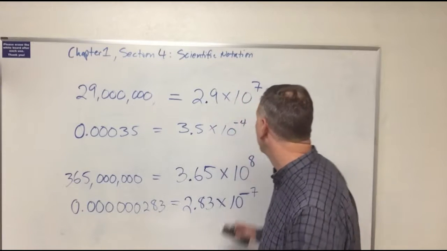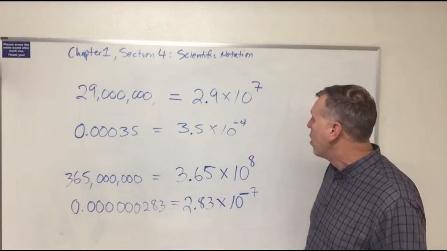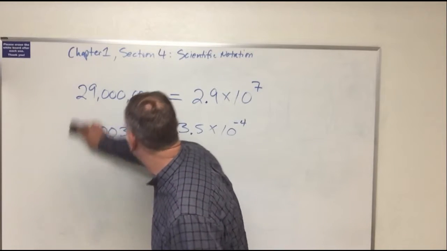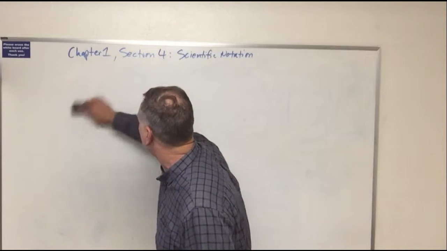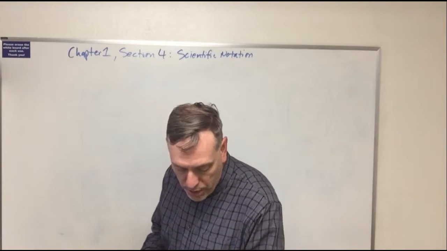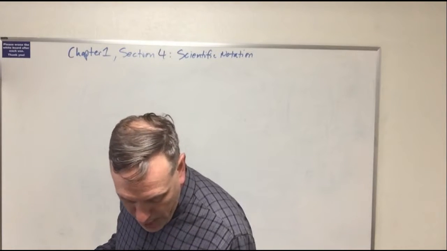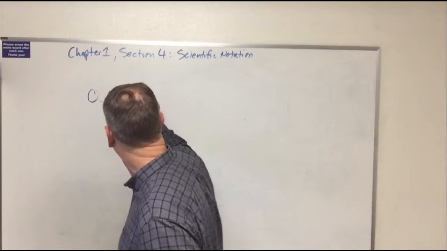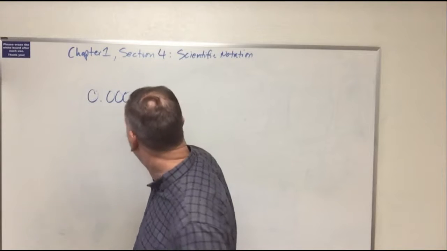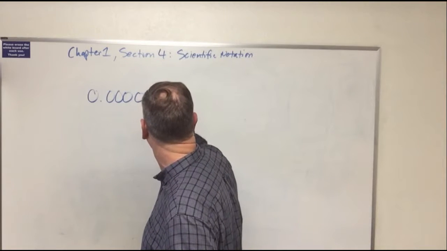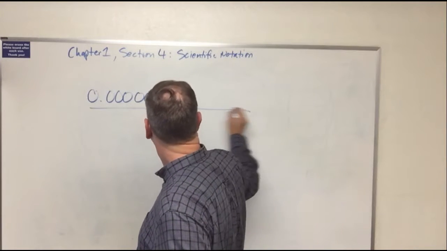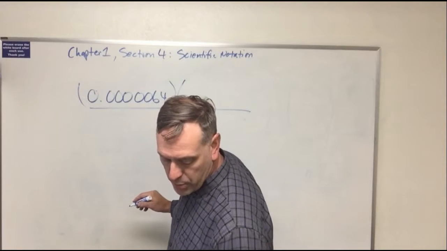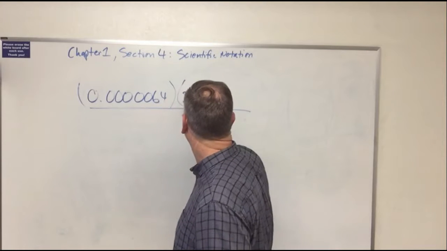All right, now let's talk about combining some terms like this. Let's suppose we have the following, and I'll use an example from the book. Let's suppose we have 0.000064. And that's one term. And we're going to multiply that times 24 billion.